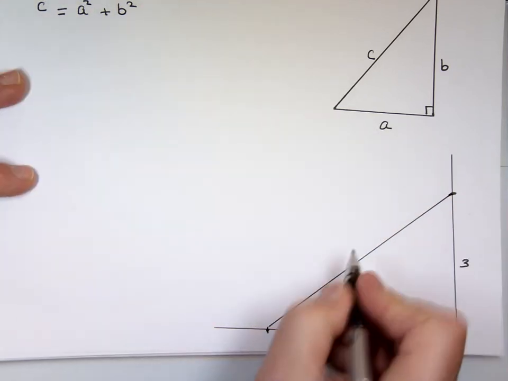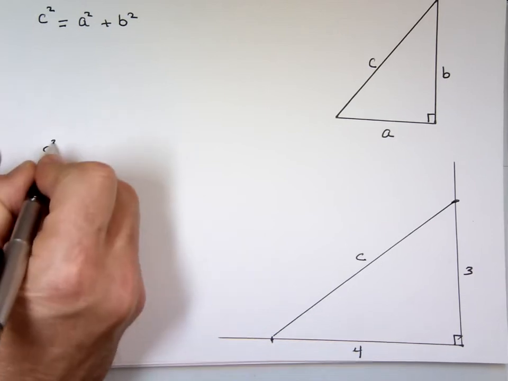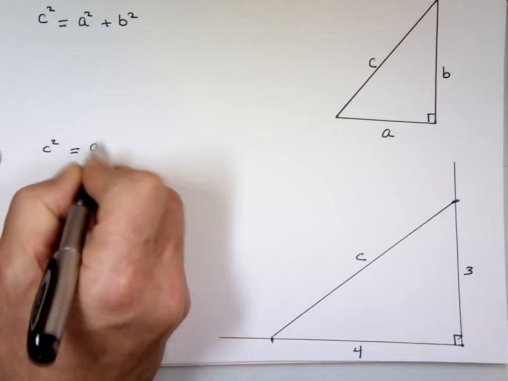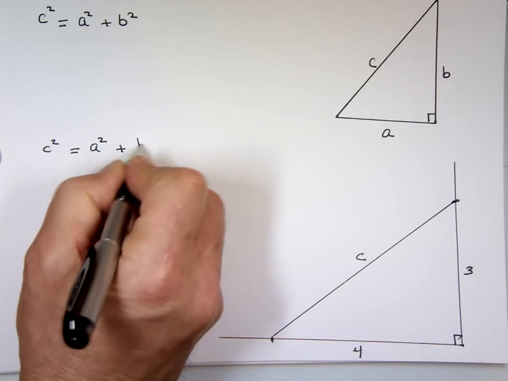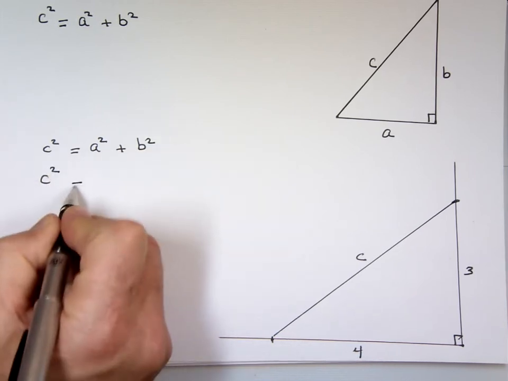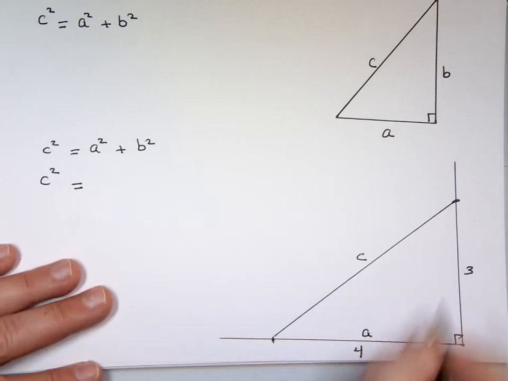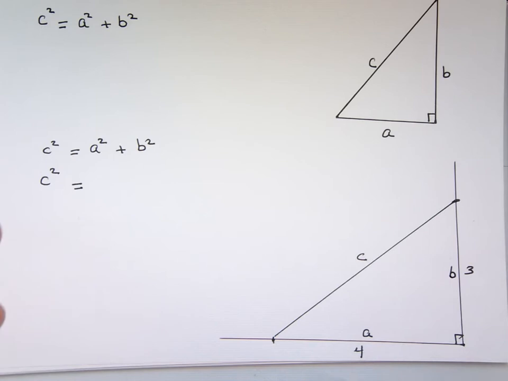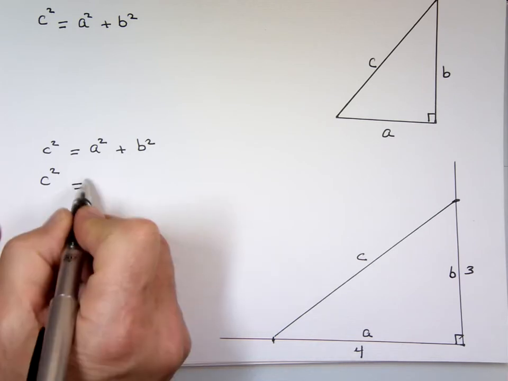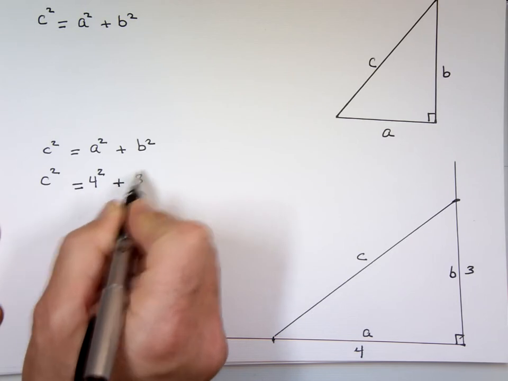Let's call that C. Because of the Pythagorean Theorem, C squared equals A squared plus B squared. C is unknown. It doesn't matter which one you call A, which one you call B. A is 4, that's 4 squared. B is 3, that's 3 squared.